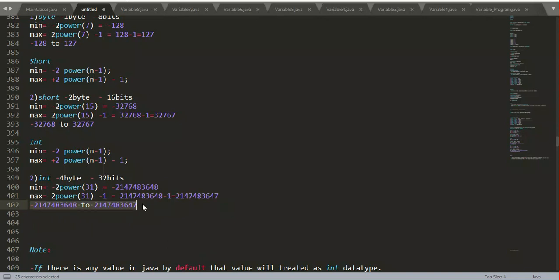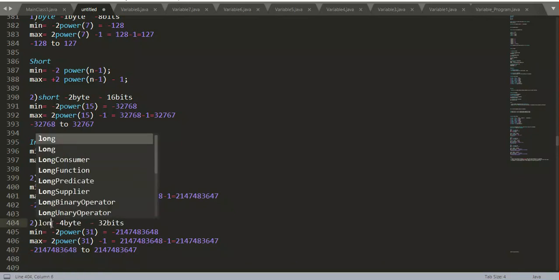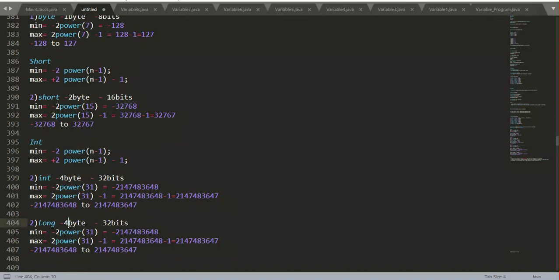Regarding long, what can I do here? Long has 8 bytes, which is 64 bits. Here it will only consider 63.